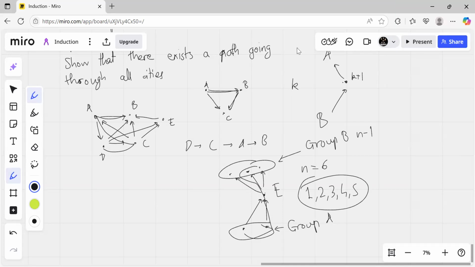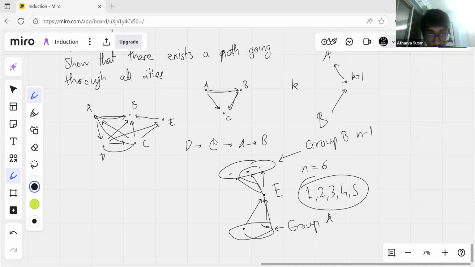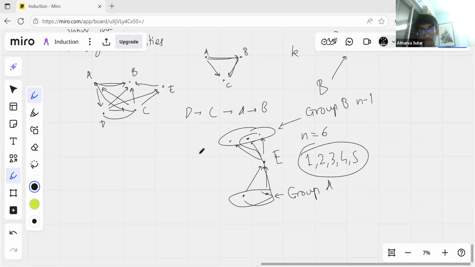So basically, no matter the size of group A and group B, we can always find such a path. Okay, I hope everyone understood this.